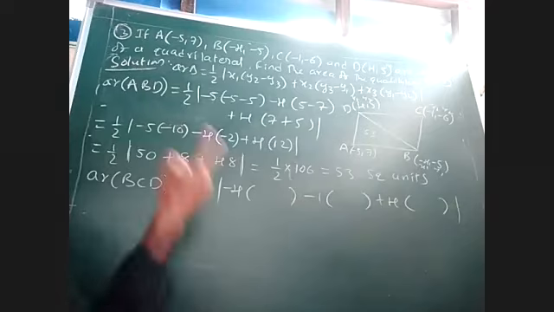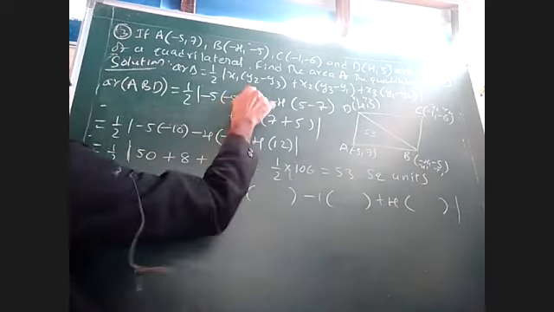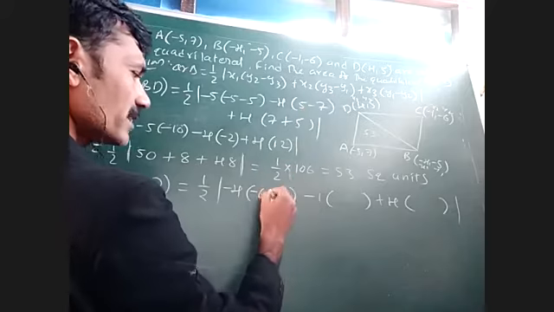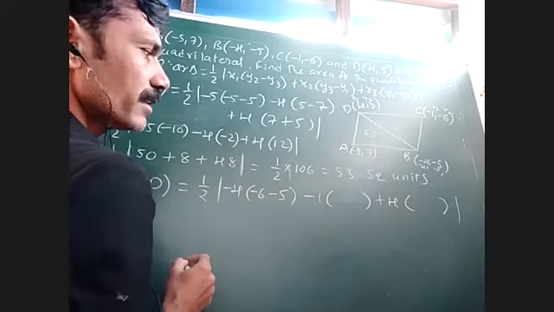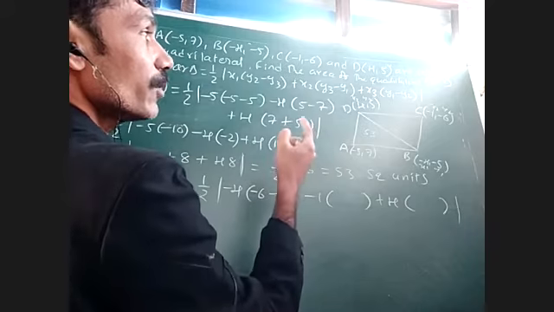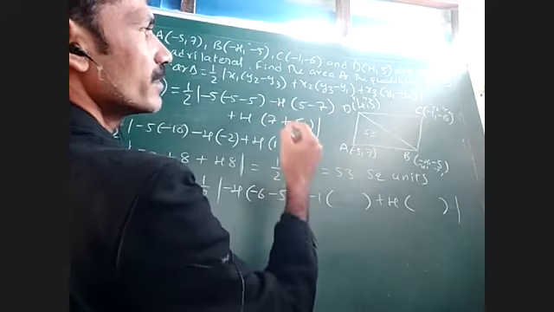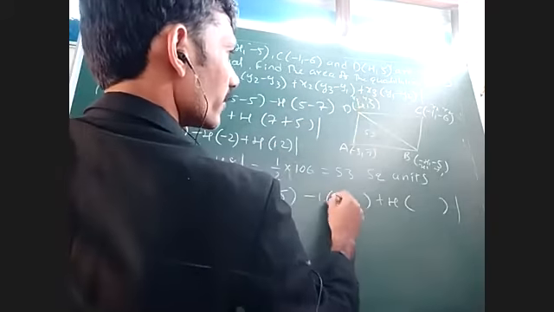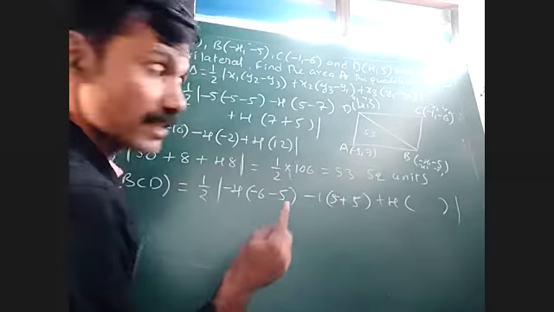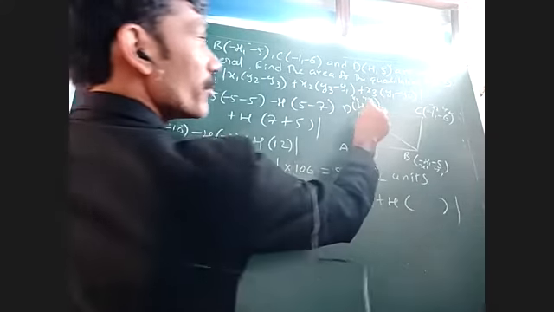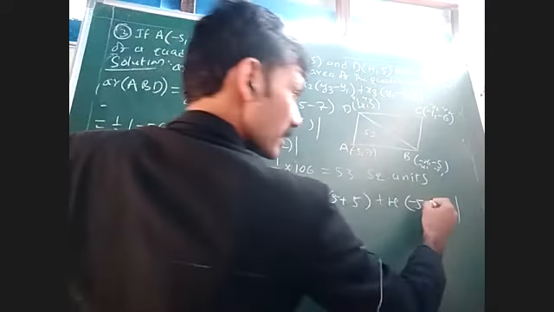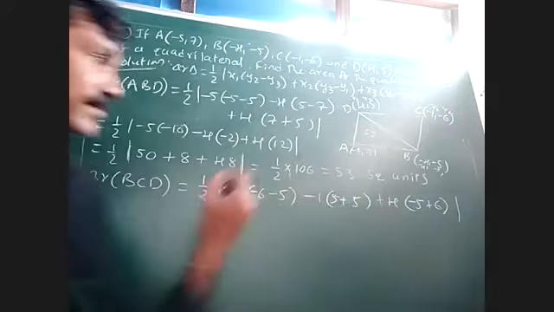If you write x1, you have y2 minus y3, that is minus 6 minus 5, minus 11. Next x2, then y3 minus y1. Here y3 is 5. Minus of minus means plus 5. Next x3 means y1 minus y2. Y1 is minus 5 and y2 is minus 6, that is minus of minus 6, plus 6.